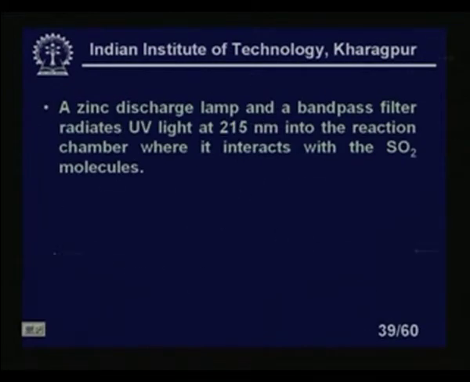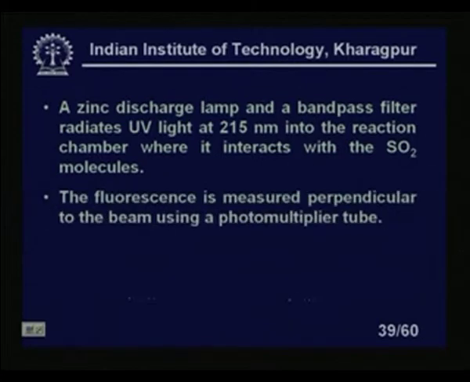dioxide concentration. A zinc discharge lamp and an optical bandpass filter radiate ultraviolet light at 215 nanometers into the reaction chamber, where it interacts with the sulfur dioxide molecules. The fluorescence is measured perpendicularly to the beam using a photomultiplier tube.